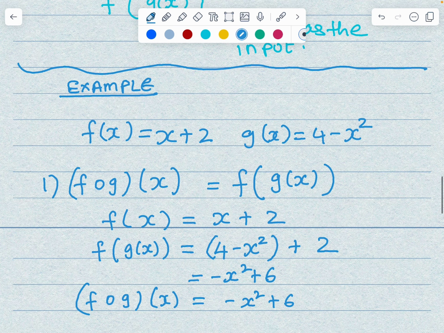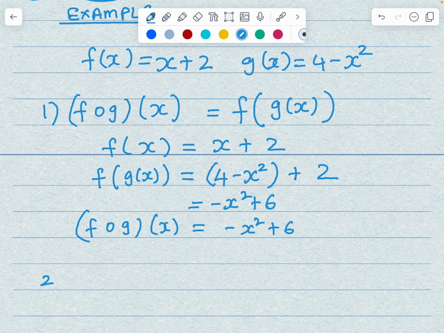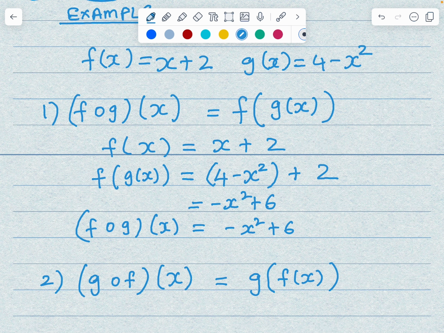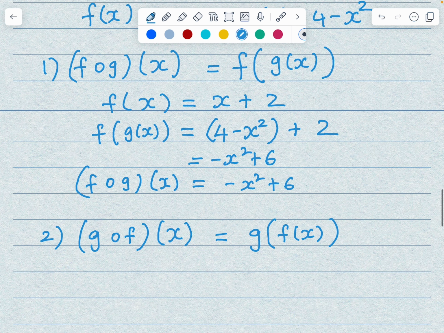Now, let's do the second one. In this case, it is g of f of x. So I have my function g of x, but what's going in the input? Not just x, it's the function f of x. So it's slightly different this time.